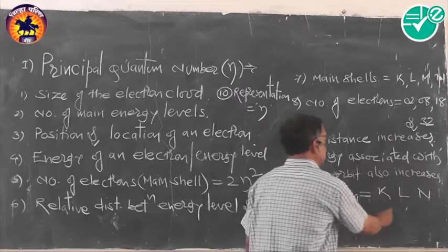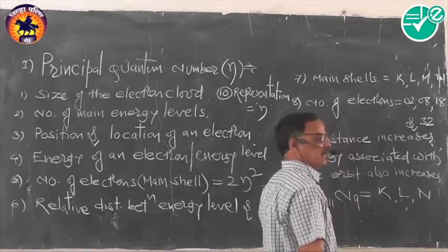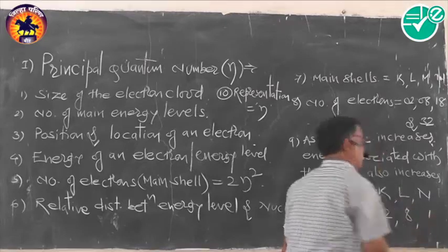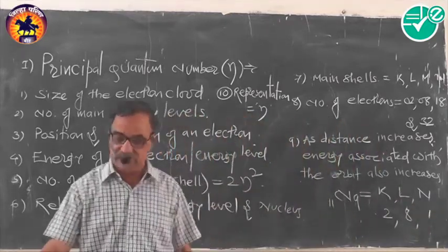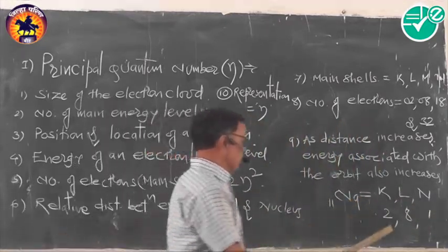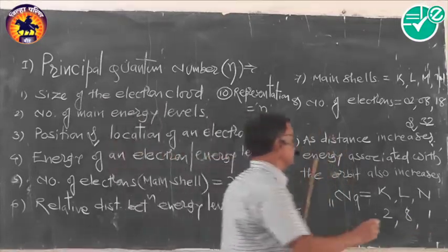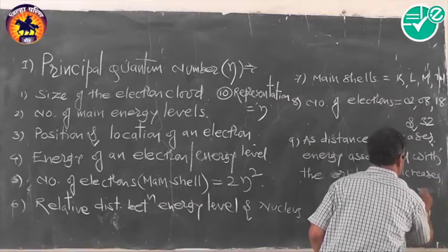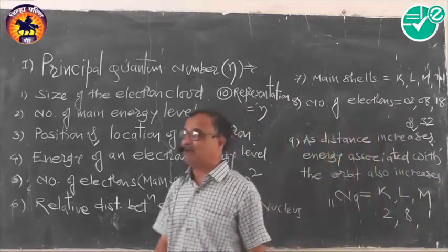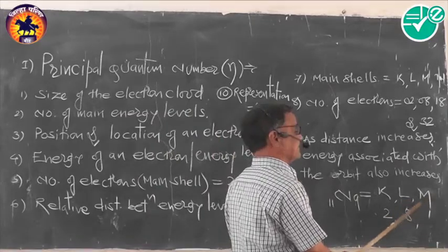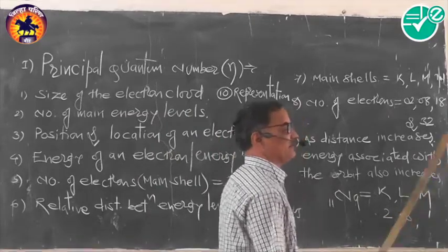We can distribute these electrons as 2, 8 and 1. This shows that the outermost electron is present in the main energy level called M, or the last electron enters the M main energy level.